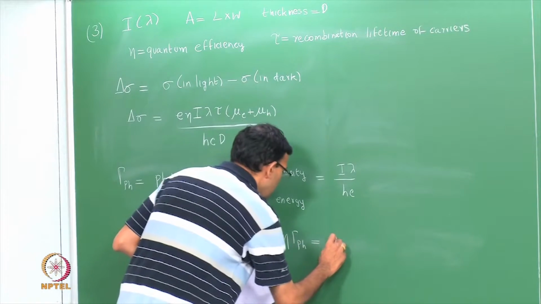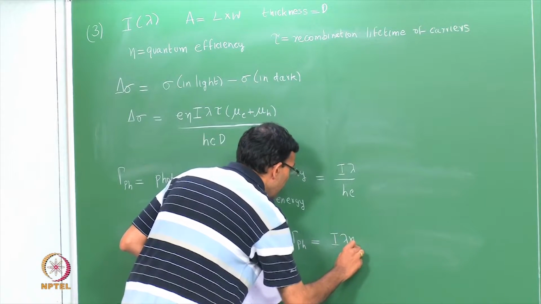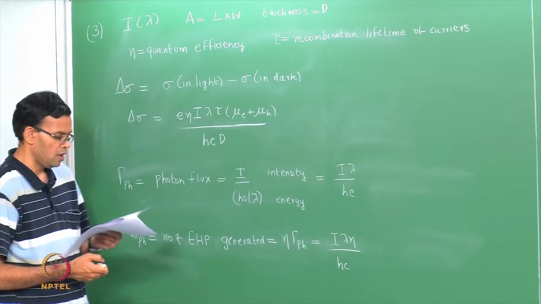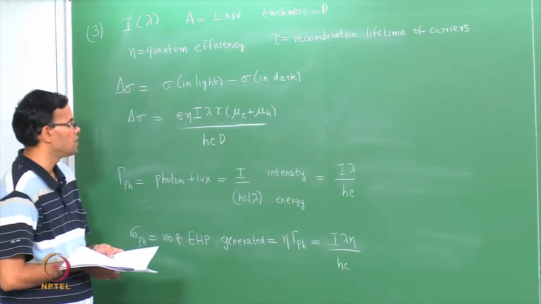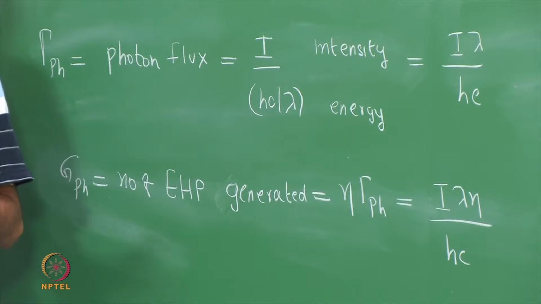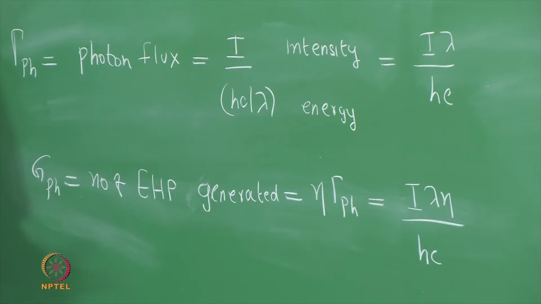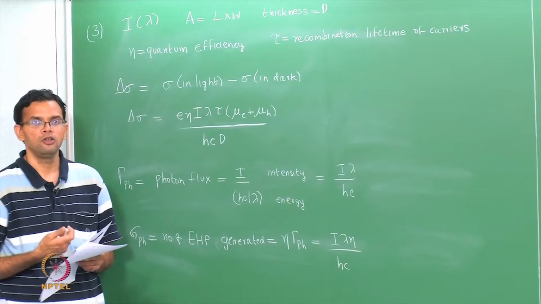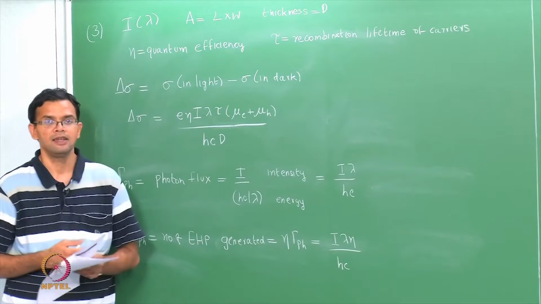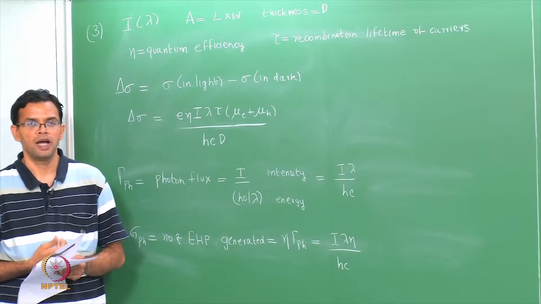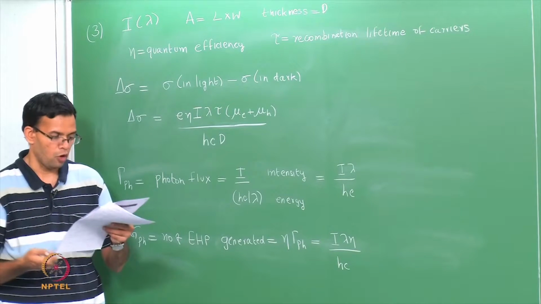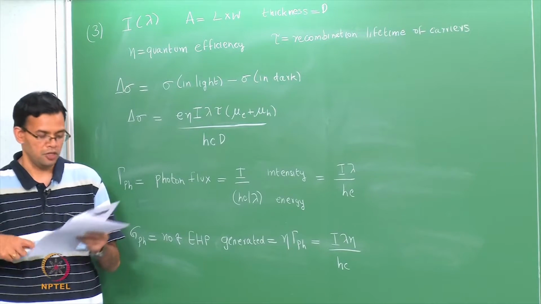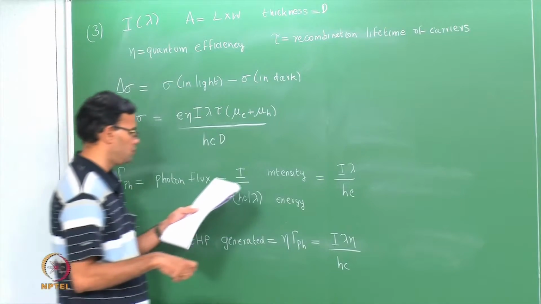So, this is I lambda eta over hc. So, in this particular problem the intensity is given per second. So, intensity is given per unit area. So, to calculate the number of electron hole pairs that are generated per unit volume, we basically need to multiply by the area and also divide by the volume.